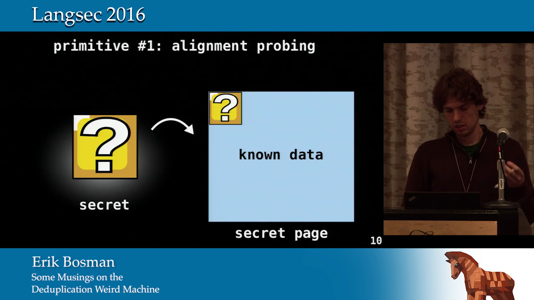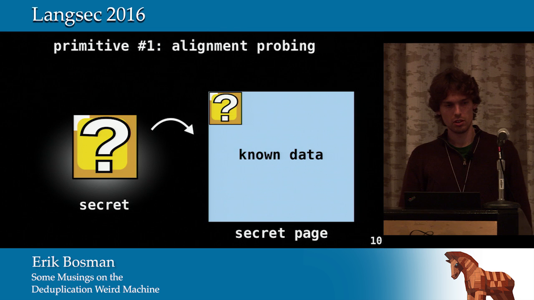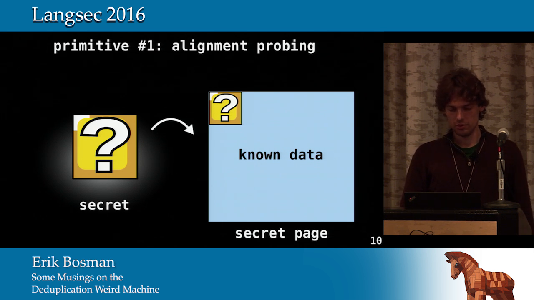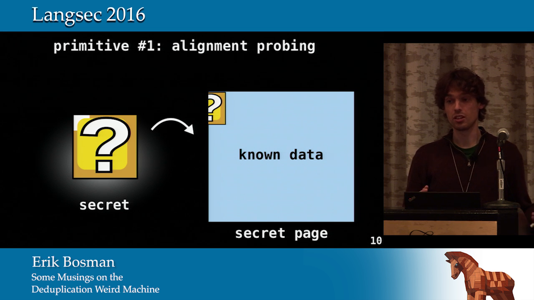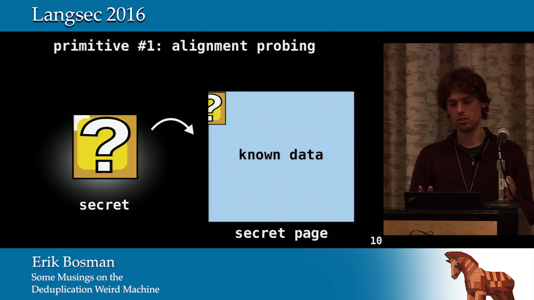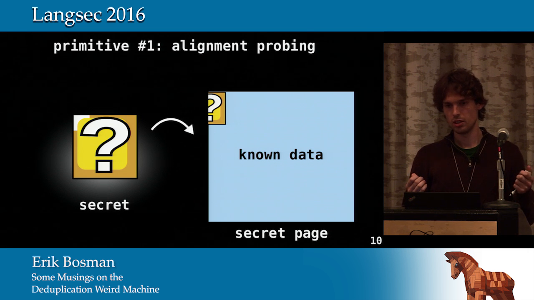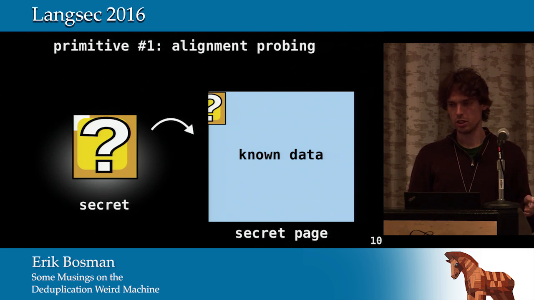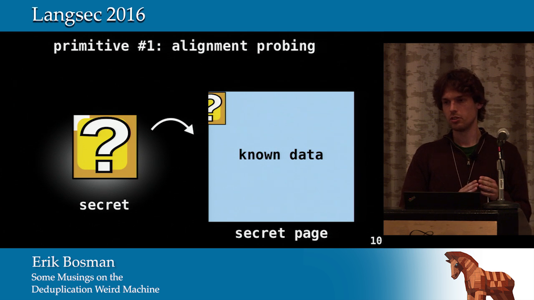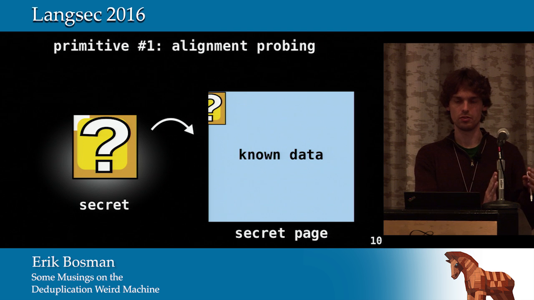So in our paper we describe some ways of leaking this data anyway. One thing is, if you can control the alignment of the secret you want to leak, you might be able to have a page with all known data, but with part of the secret you want to leak.